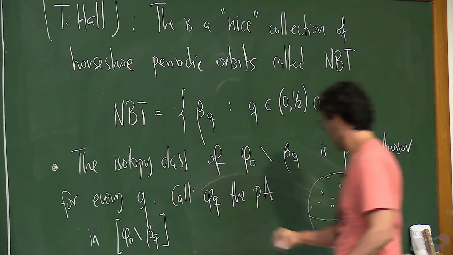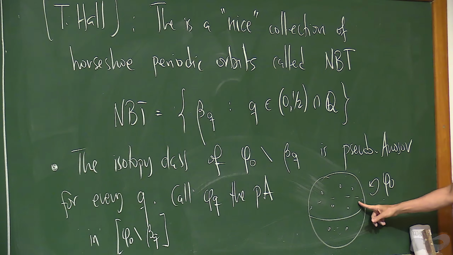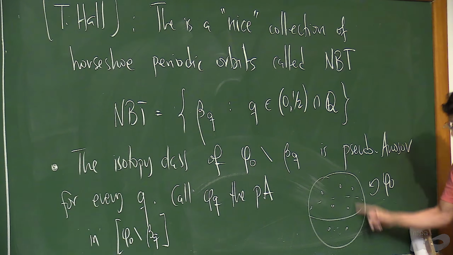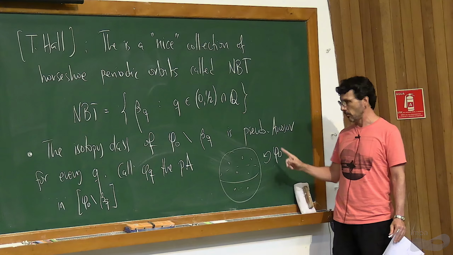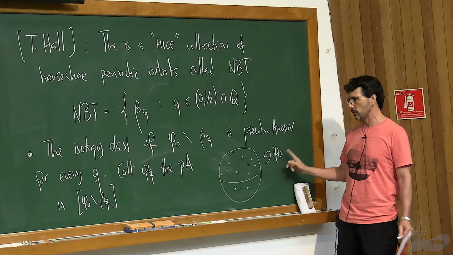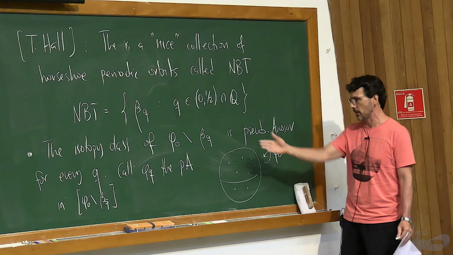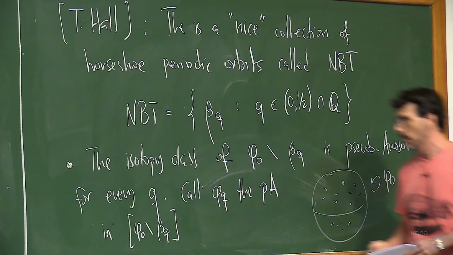Well, all right, so since each one of these is of pseudo-Anosov type, you can construct the suspension, the mapping torus of the sphere minus these points with respect to either the isotopy class of phi naught or phi q, doesn't matter.